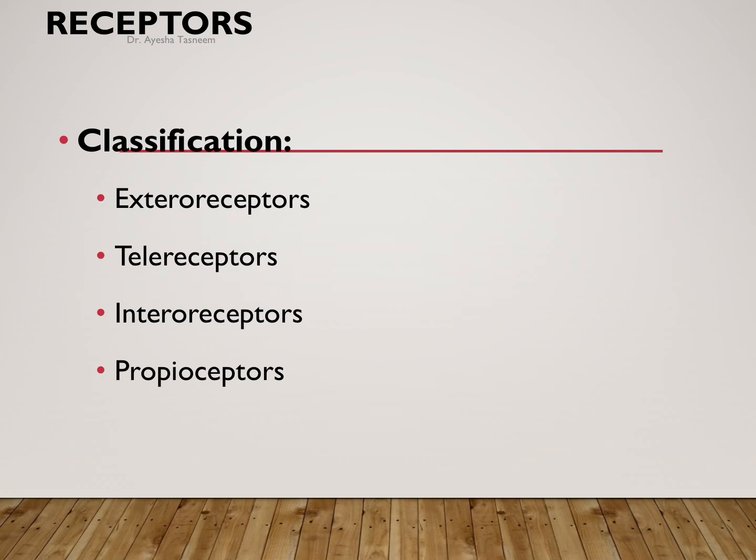Then we have the telereceptors that detect changes from a distance, that include eyes. We can see distant objects with the help of eyes. We can hear sound coming from far away with our ears, and we can smell a variety of fragrances with our nose.